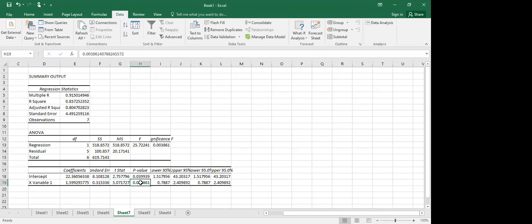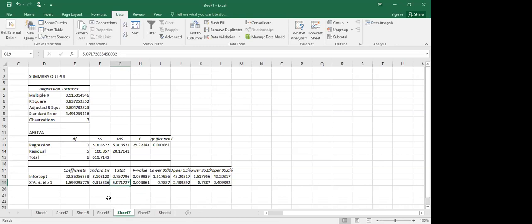If you look very well, what number am I indicating here? The p-value for the x variable, what is it? Can any of you tell me what number is indicated here? Is that going to be 0.003861? Yes, that is the p-value, and the test value is 5.07.